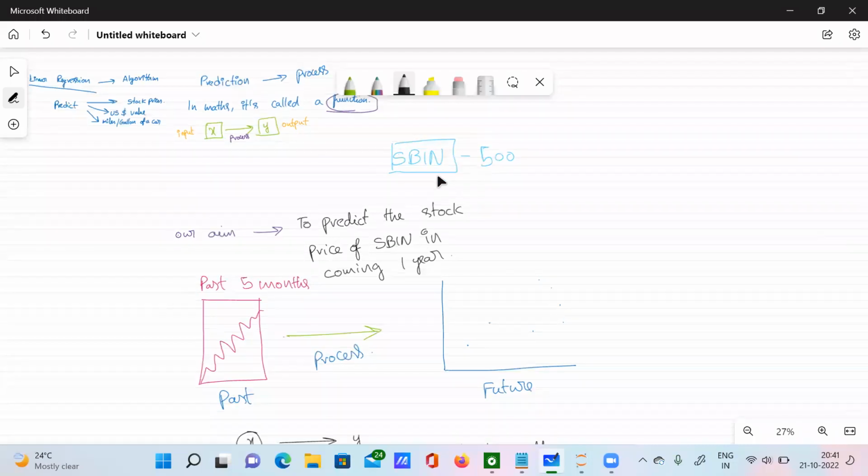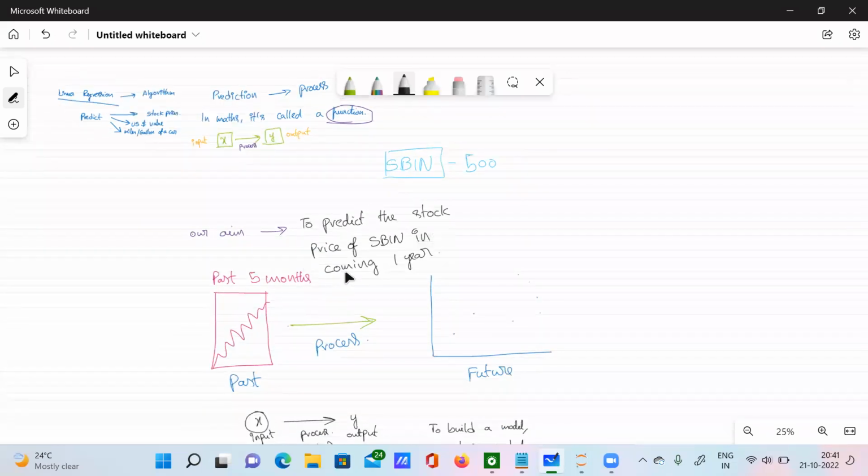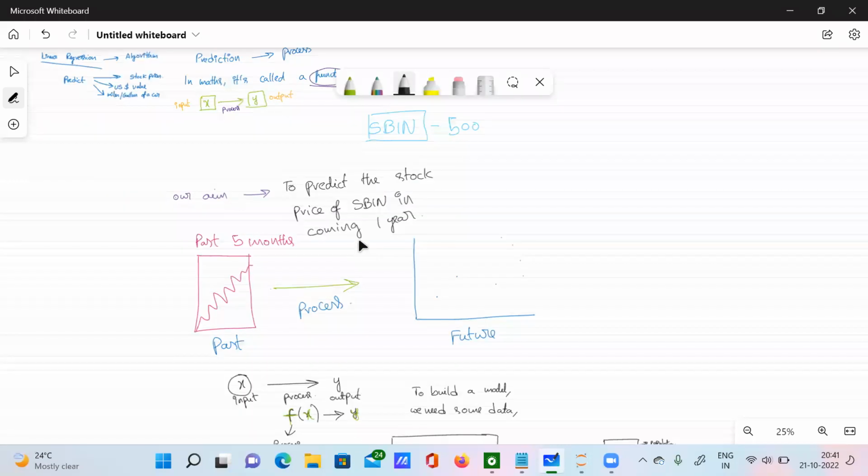Examples are the stock prices of any kind of stock, or maybe the price of a dollar in the near future, or the miles per gallon of any car. So we can also predict all these things.